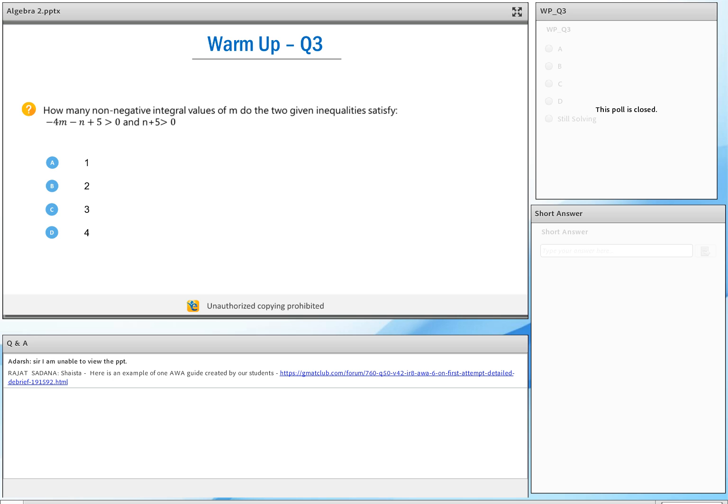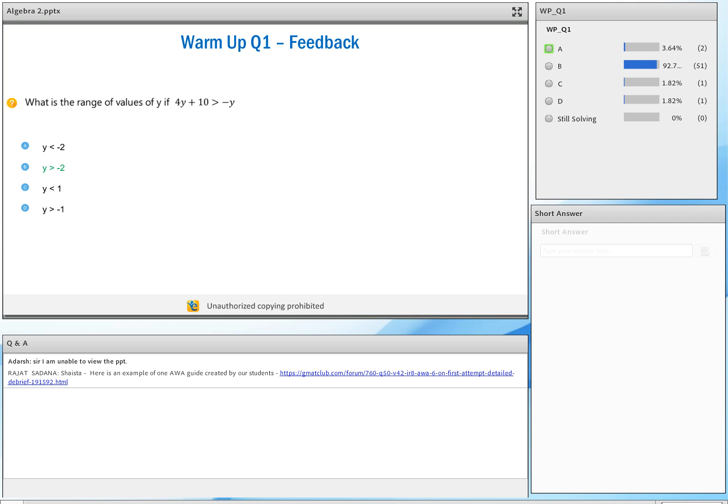Okay, so let's go back to question number 1. Almost everyone got this question correct. And this is obviously the first question in the session and the easiest question. What is the range of values of y if 4y plus 10 is greater than minus y? Here all we have to do is solve this inequality.